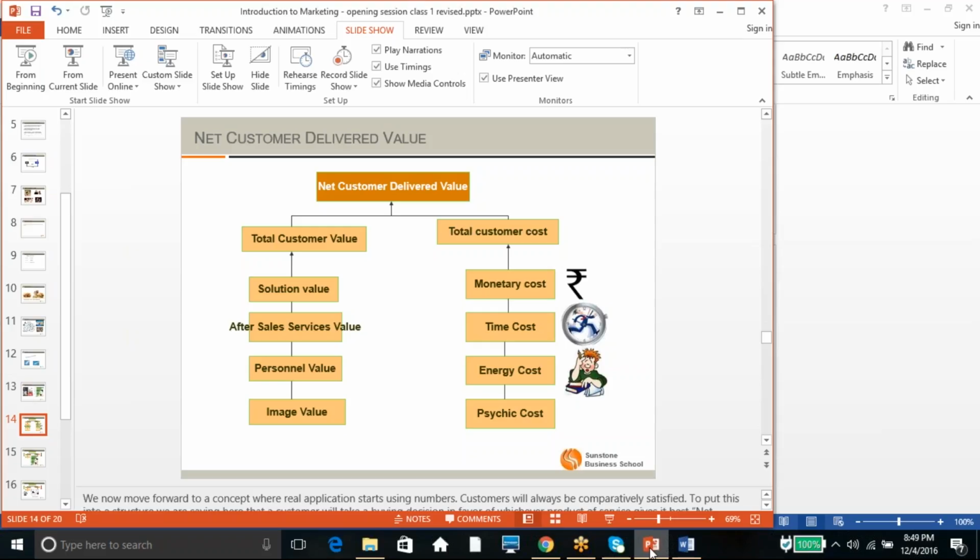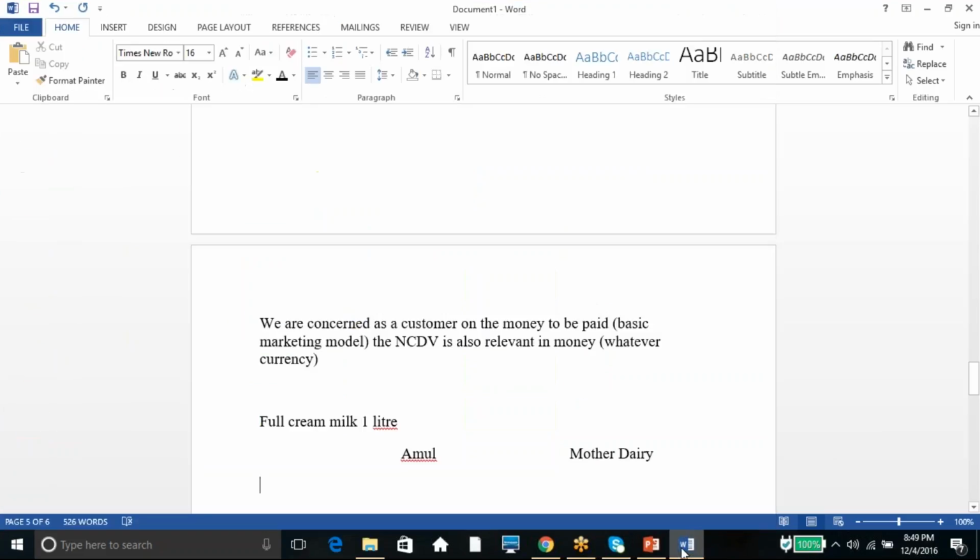So let's start with what is the easiest number to know here. Out of these four numbers in the value we have to put and four numbers in the costs we have to put, what is the number which is easily known, undisputable, easy to be known? Exactly, monetary cost. So start from there always.